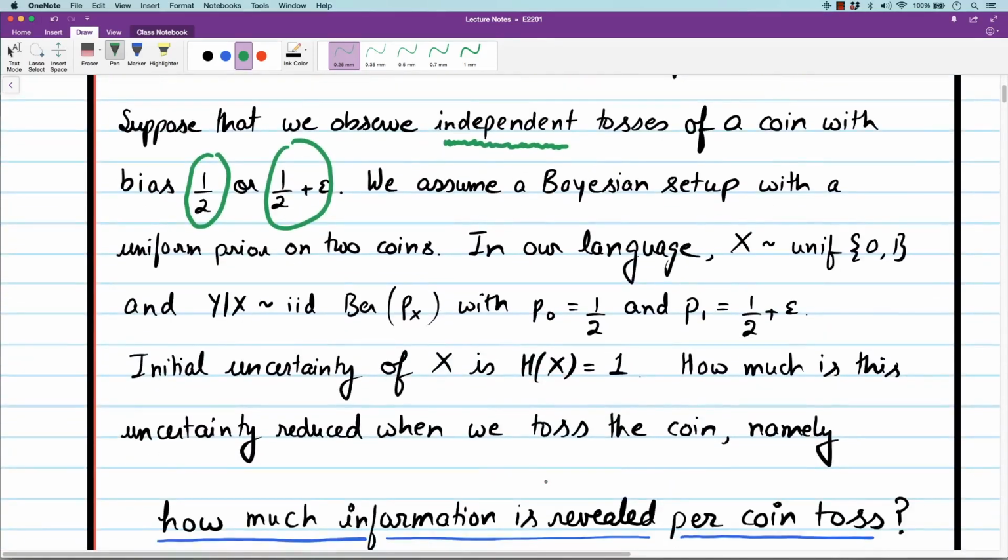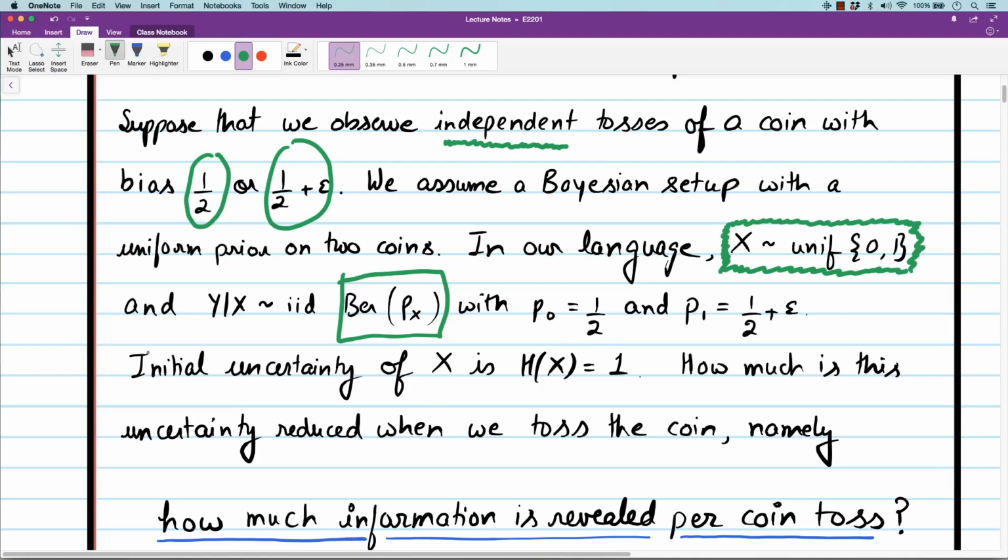So in our language, this x is a uniform random variable showing 0 or 1 with equal probability. And given x, y is Bernoulli p_x, where p_0 is half and p_1 is half plus epsilon.